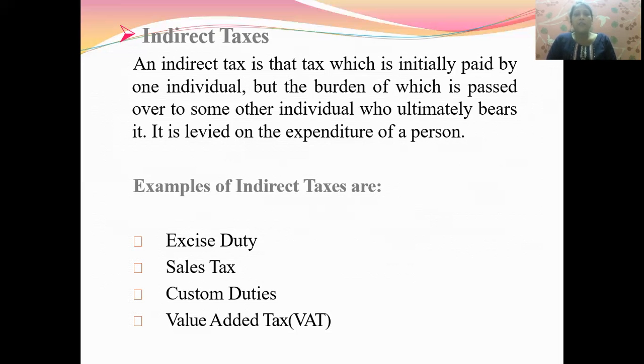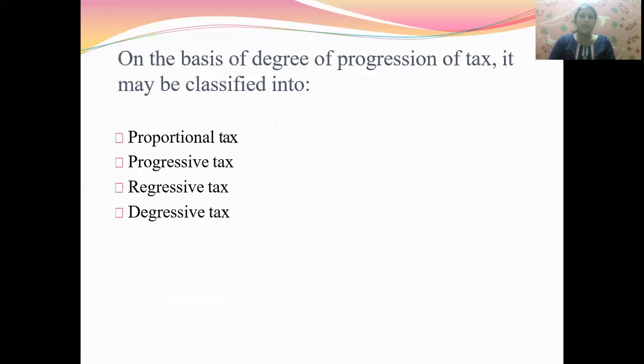It is levied on the expenditure of a person. So the examples of indirect taxes are excise duty, sales tax, custom duties, value added tax. All these are examples of indirect taxes.